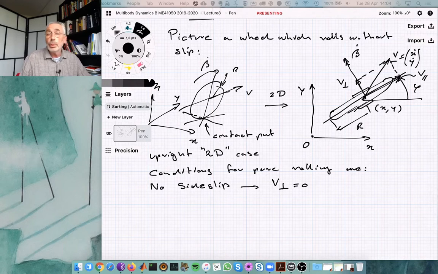But we also want that the rotational speed of the wheel complies with the forward speed of the wheel. And so we want to have pure rolling in forward direction.